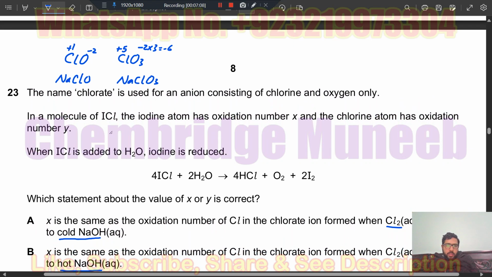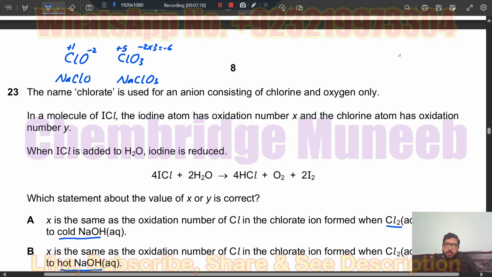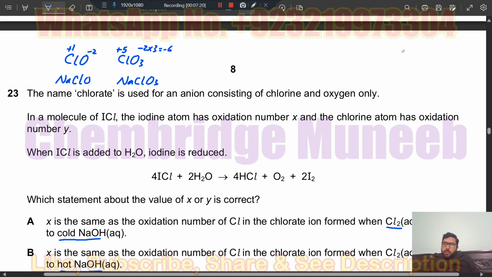Now the statement says that within the molecule of ICl, the iodine oxidation number is indicated by X. So we have to find out the electronegativity trend. Going down the group, fluorine, chlorine, bromine and iodine, fluorine has the highest value of 4.0, chlorine is 3.0, and iodine is 2.5.